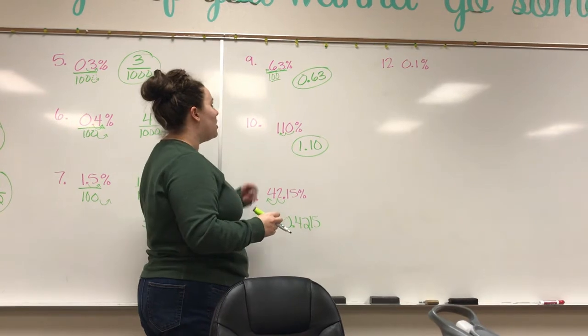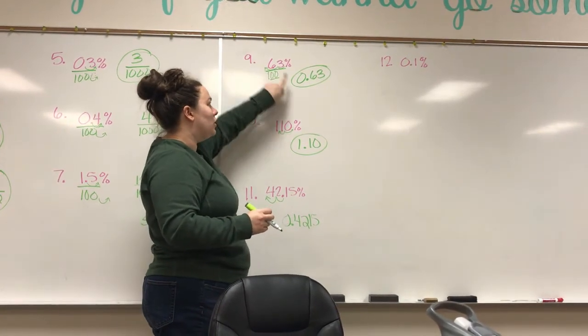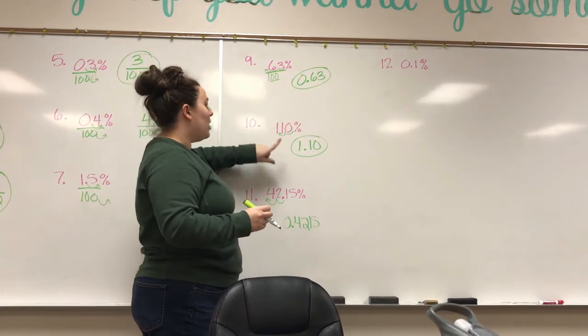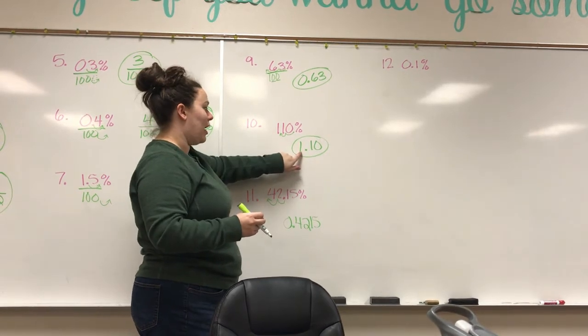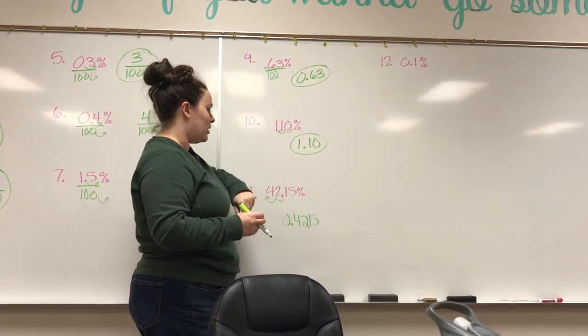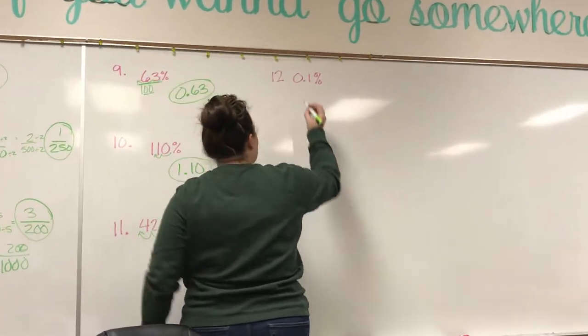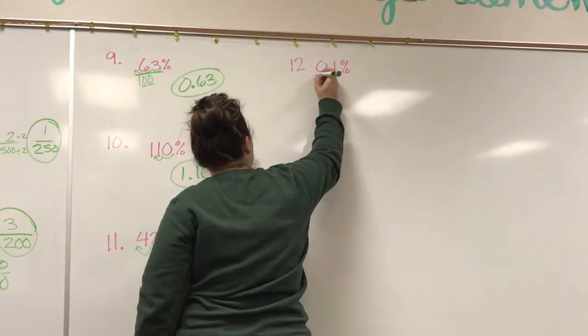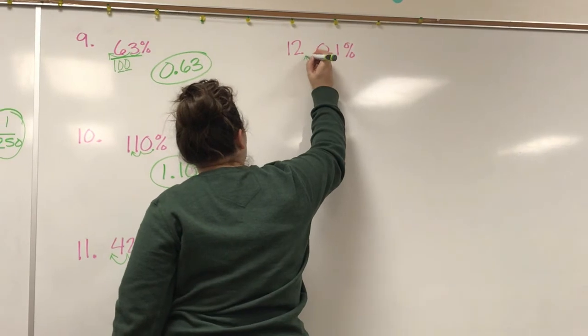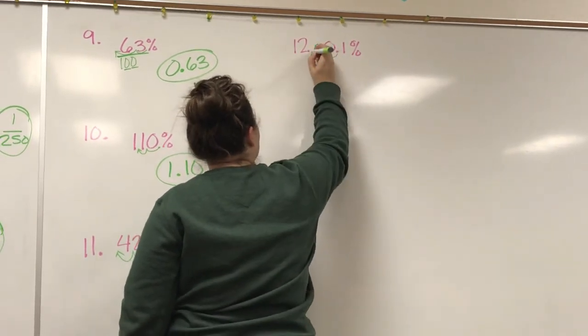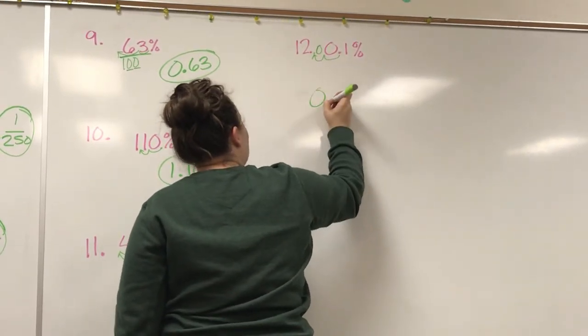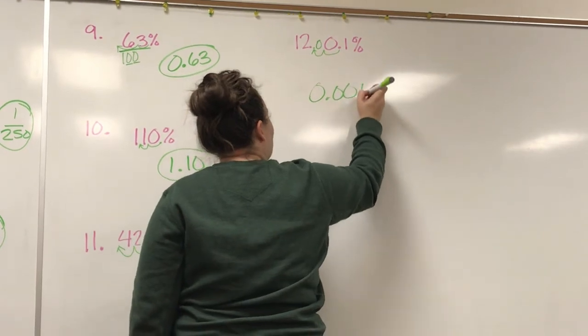Anytime the number is below 100, you're going to have a 0 at the beginning. Anytime it's above 100, you're going to have a whole number in front of the decimal. Okay? And last one over here. Move the decimal 2 times to the left. 1, 2. Put an invisible 0 here. 0.001.